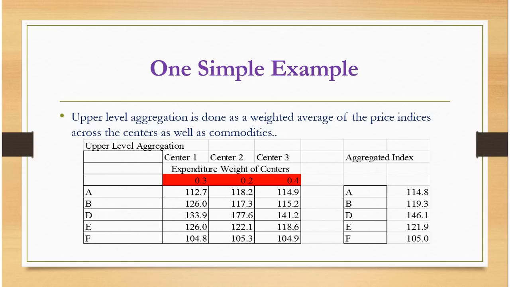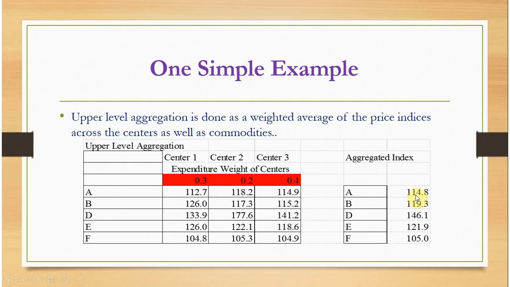This is called upper level aggregation. We have all these 3 Jevons indices for all the commodities, and now we introduce the expenditure weight of the centers. The expenditure weight of center 1 is 30%, center 2 is 20%, and center 3 is 40%. Now we average the Jevons indices for commodity A by taking the weighted geometric average of these 3 indices.